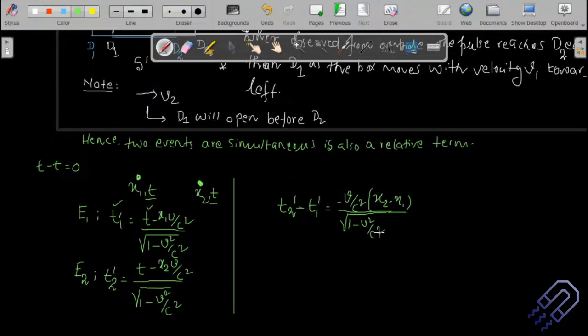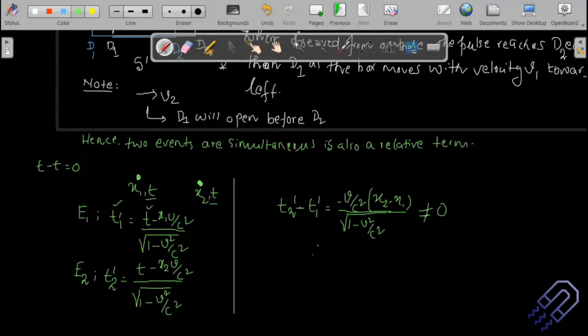So what do we observe? We observe that this is actually not giving me a result which is equal to 0. So this is not equal to 0. That means the time at which x1 opens and the time at which x2 opens are different when we are observing it from outside, when a frame of reference is moving.